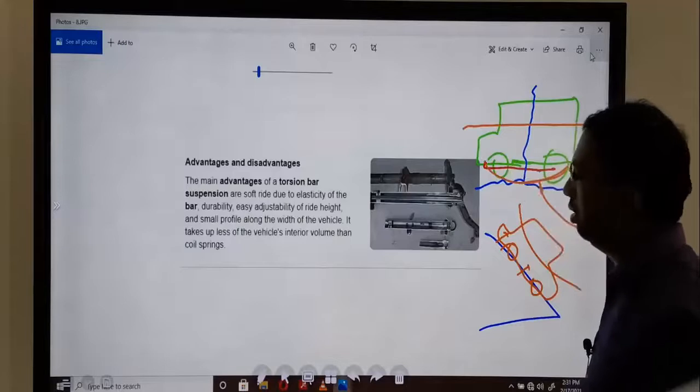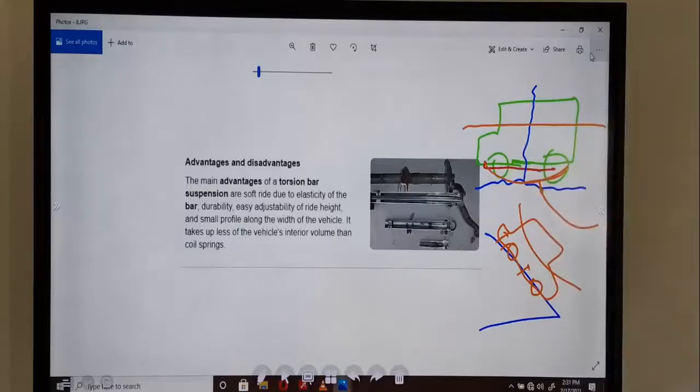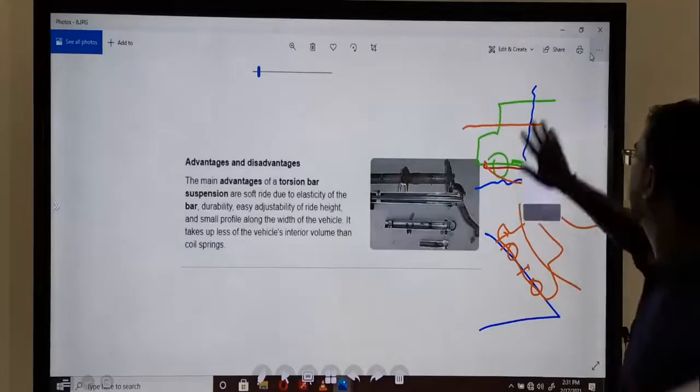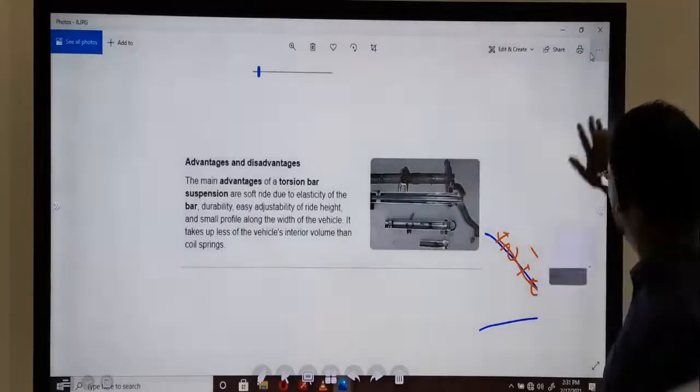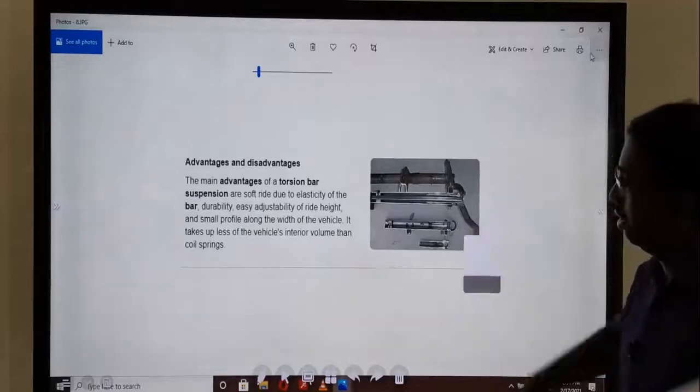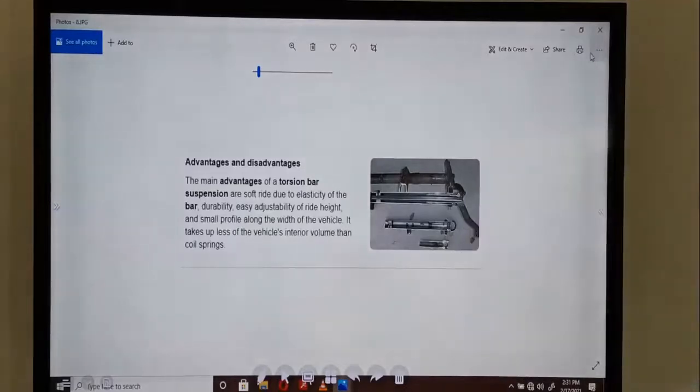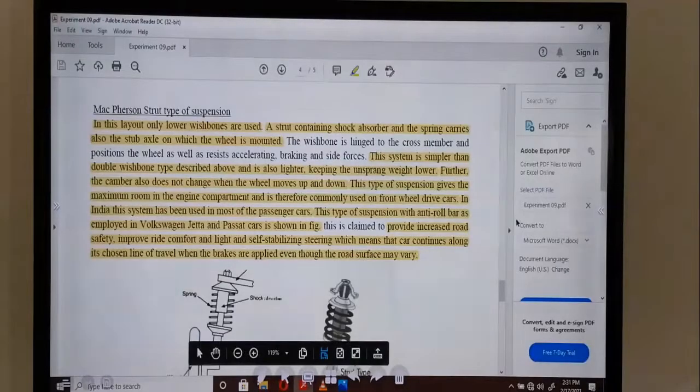The torsion bar also absorbs such shocks. So this is the advantage of the torsion bar.